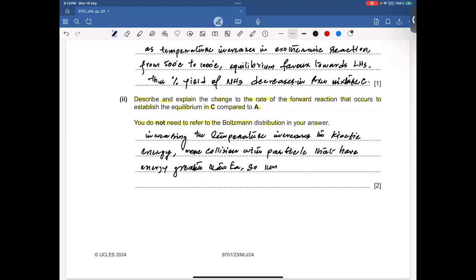So this increases collision frequency and increases the rate of reaction. All right.